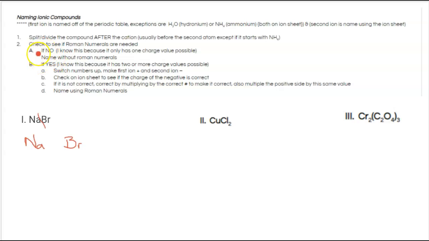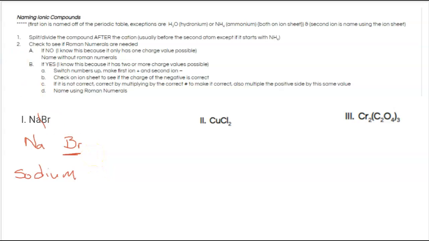If no Roman numeral is needed, we just name our compound without the Roman numerals. So sodium is my first element, so I call this sodium. And then I need to name my second ion, okay?